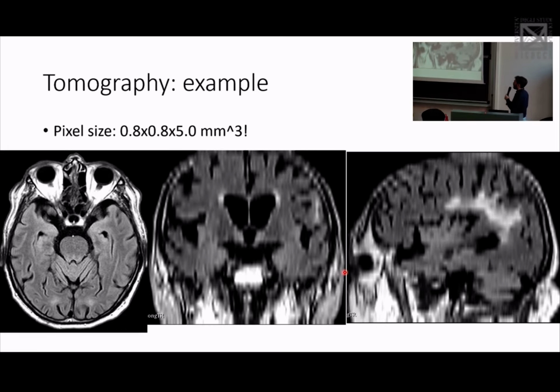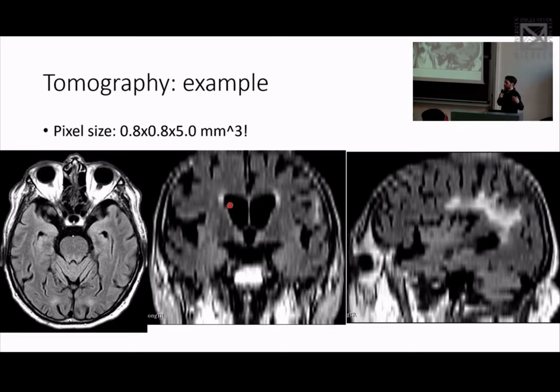An example of what I mean by the tomography, this is actually a pretty normal way to acquire the MRI of the brain. The pixel size of this MRI is 0.8 millimeter times 0.8 millimeter, so you can see the gray matter and the cerebrospinal fluid with an extremely high level of detail.